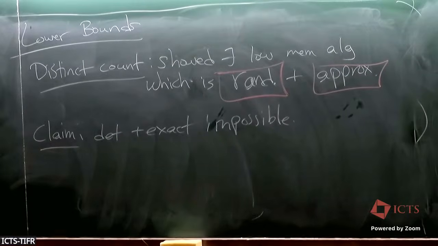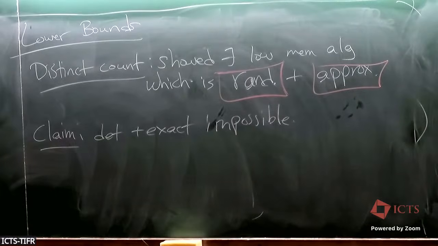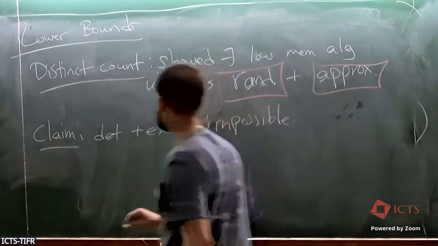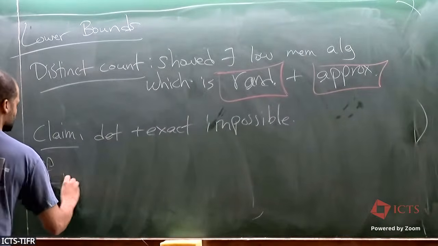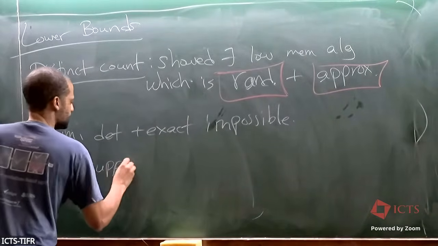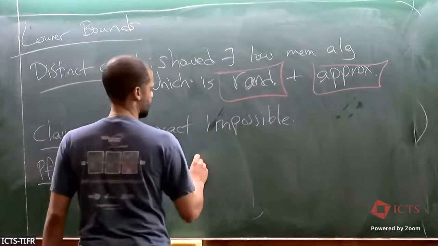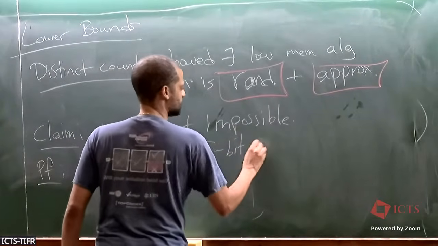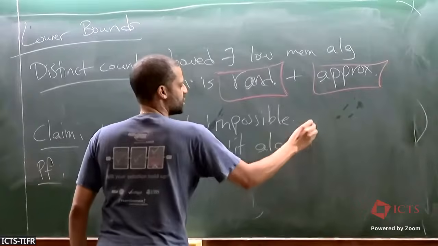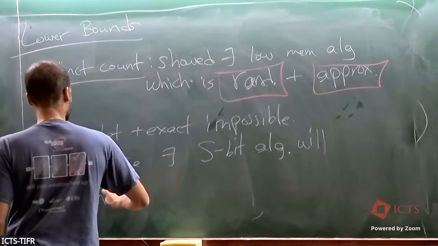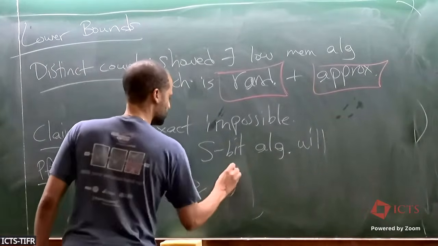Suppose there exists an algorithm for distinct elements that uses at most S bits of memory. I want to prove to you that S has to be at least U. Then we'll show that S basically has to be at least U.